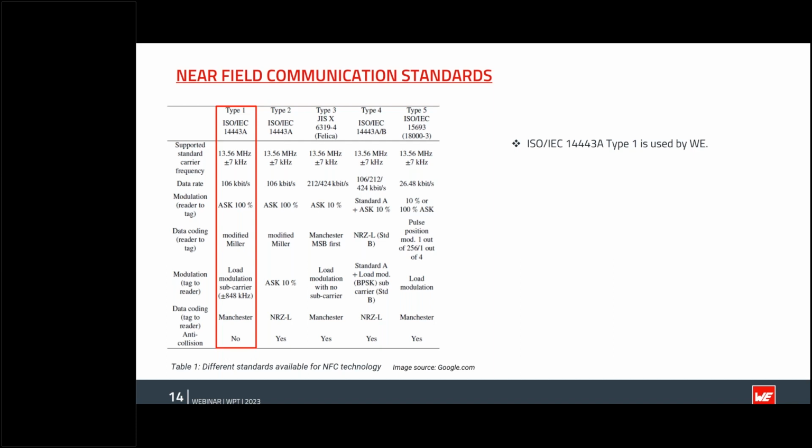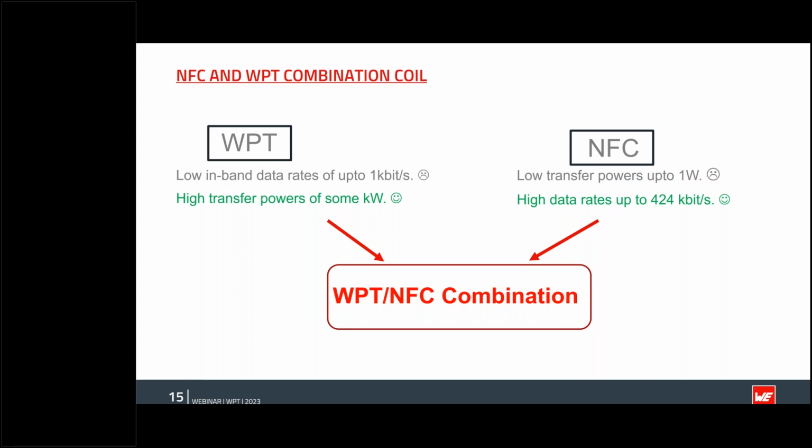So now at this point, we have gone through the advantages of the WPT technology and the advantages of the NFC technology.